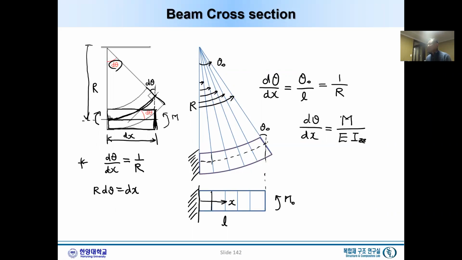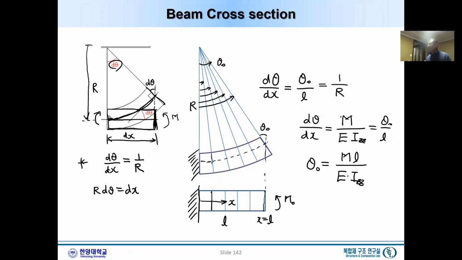So d theta dx gives theta 0 at L. So theta 0, the rotation at the cross section at x equal L, will simply be M L over E I zz. So this is the angle of rotation for the bending case, and I hope this explanation is more clear than before.